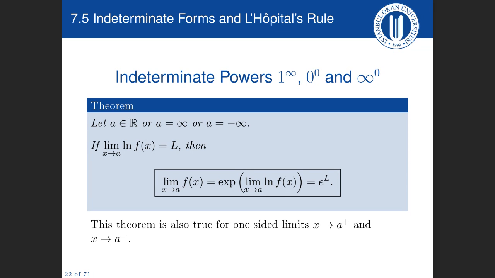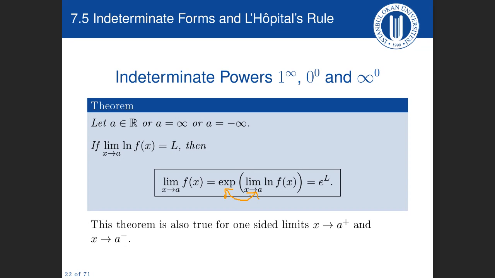Now, just to explain why this works, remember, if we have a continuous function, and the exponential function is a continuous function, then we can swap the places of the function and the limit. So instead of thinking of this as exponential of limit, we can think of this as limit of exponential function.